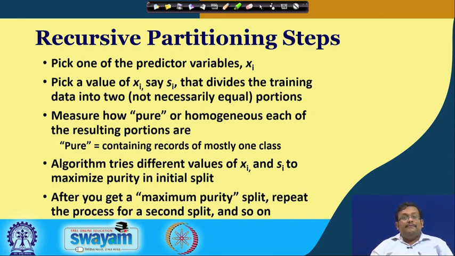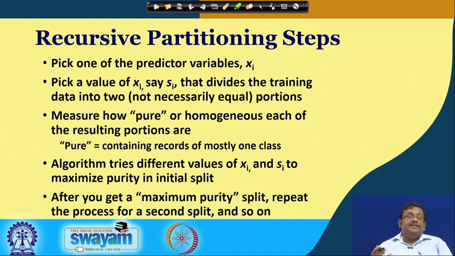We have to pick one predictor variable, say xi, and pick a value of xi, say si, that divides the training data into two, not necessarily equal, portions. Then we measure how pure or homogeneous each of the resulting portions is. Pure means containing records of mostly one class.